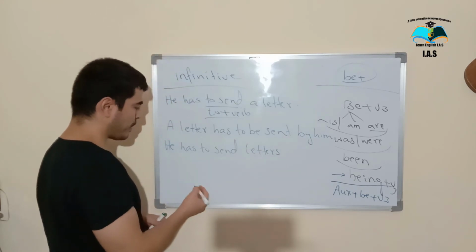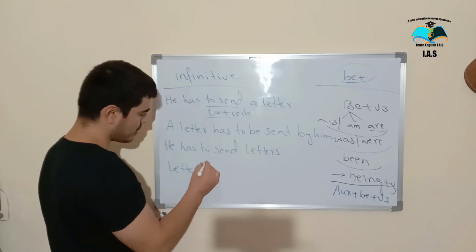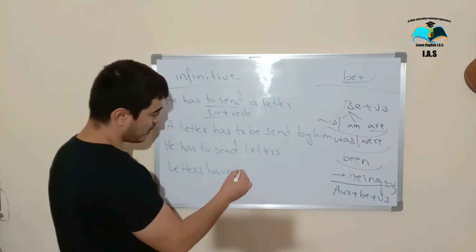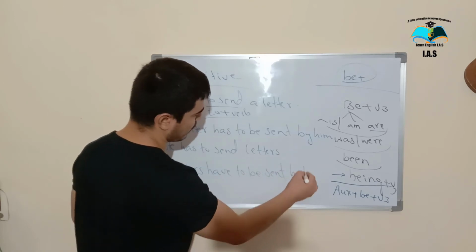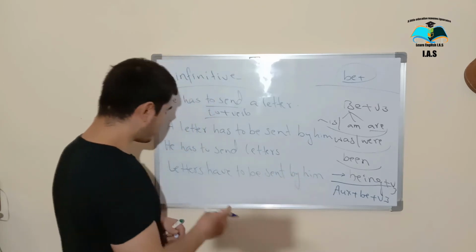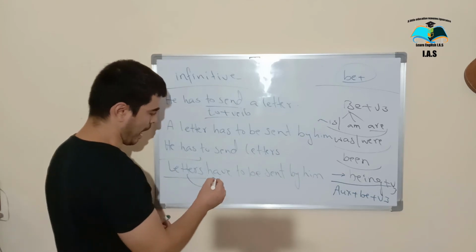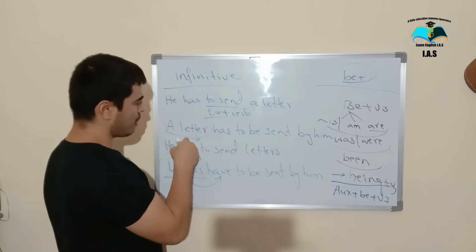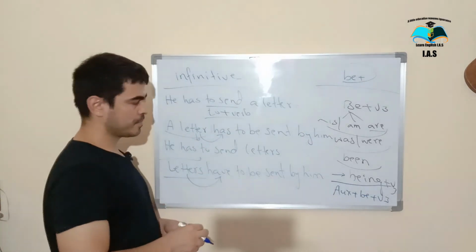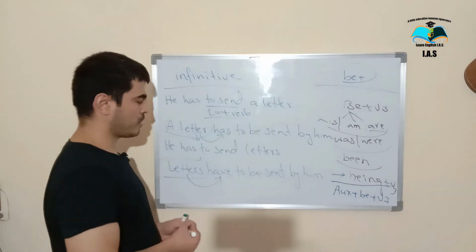How can we change into passive? So I can say letters have to be sent by him. In this example, letters is plural, that's why I have to use have. But in this sentence, letter is singular, so I'm using has.